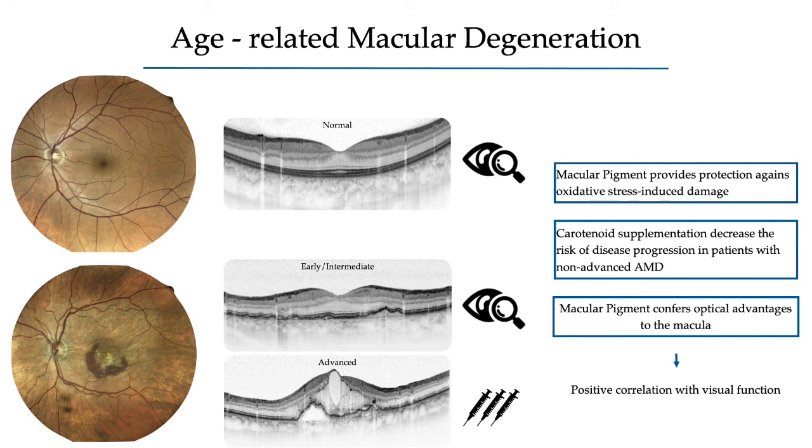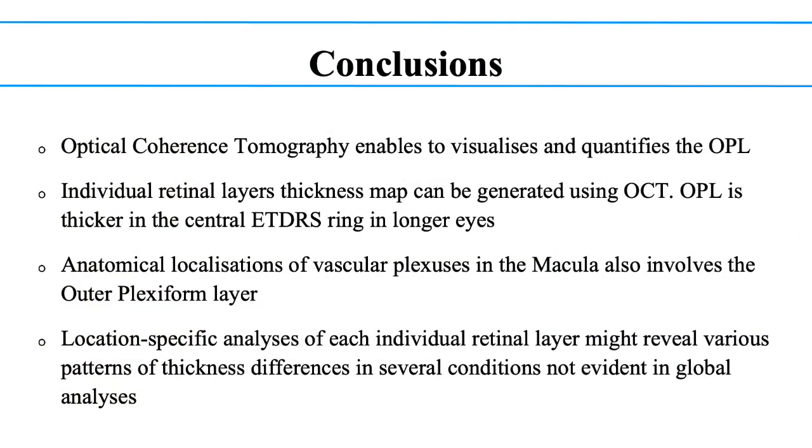Macular pigment provides protection against oxidative stress-induced damage. Carotenoid supplementation decreases the risk of disease progression in patients with non-advanced AMD, and for this reason there is a sort of positive correlation between the presence of macular pigment and visual function.